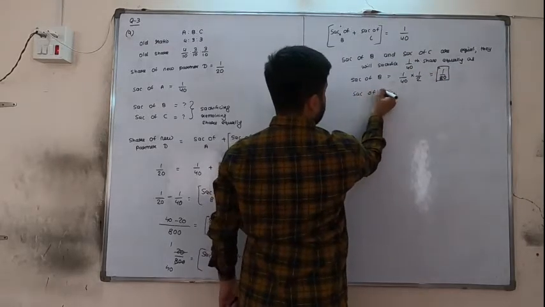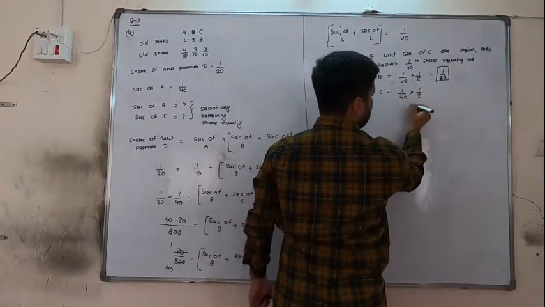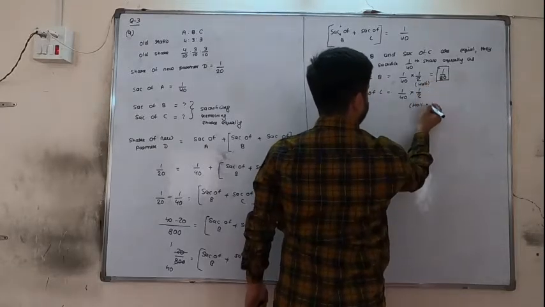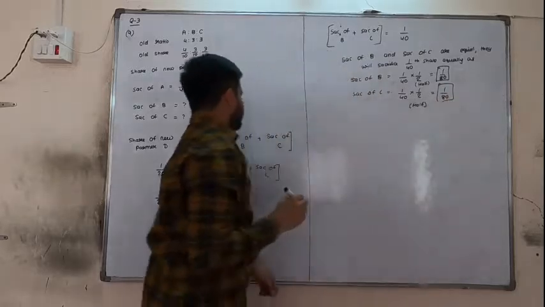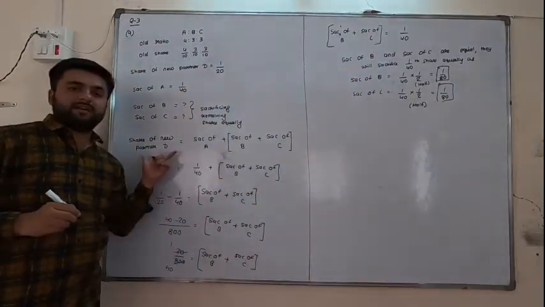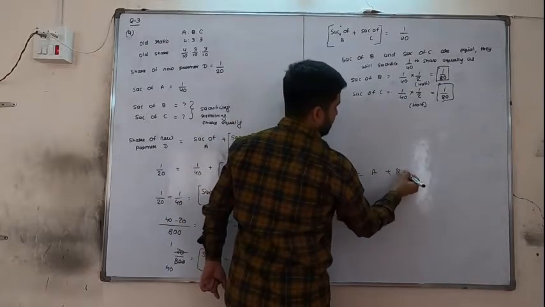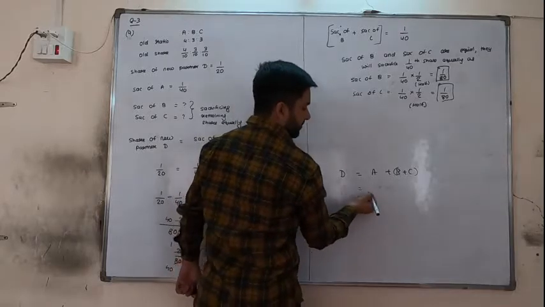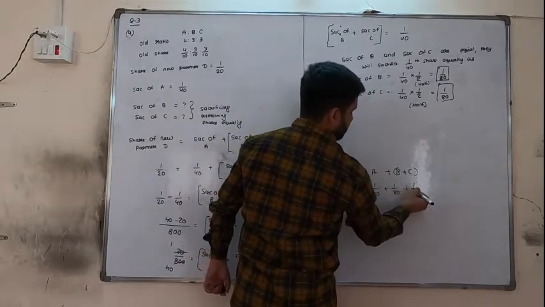In the same way, sacrifice of C is 1 by 40 into 1 by 2, which means we are taking half of it. Half. So again it is 1 by 80. Now if you want to check by this formula, again I can check for you. D is equal to A plus B plus C. A is 1 by 40, B is 1 by 80, C is also 1 by 80.